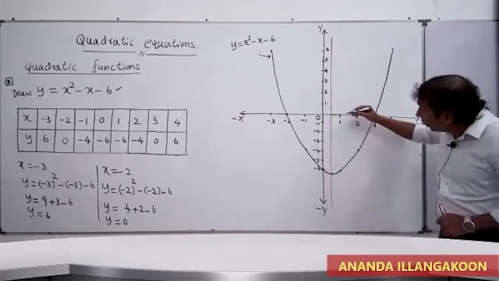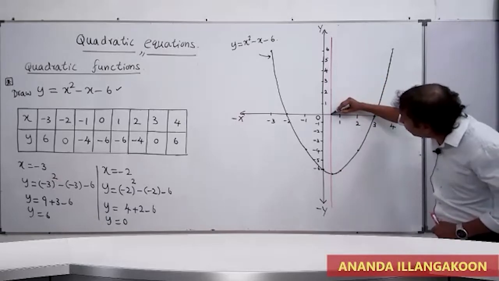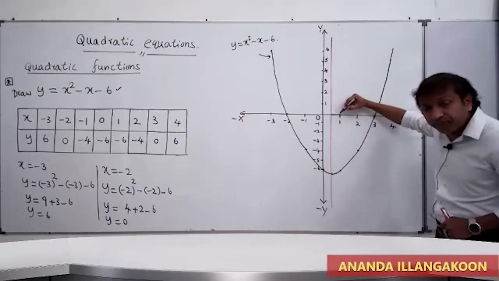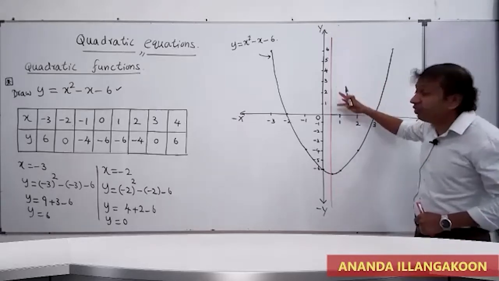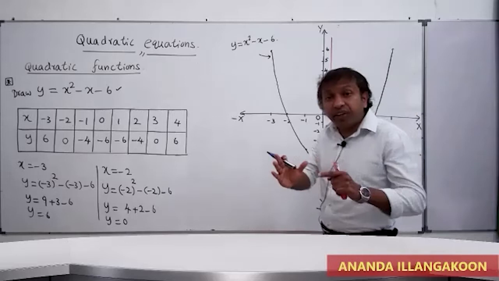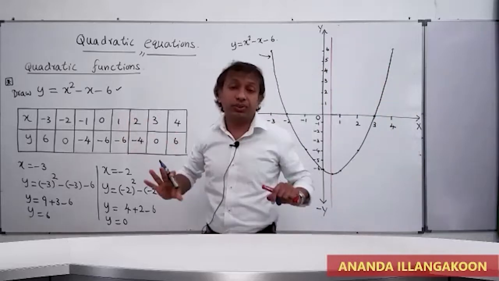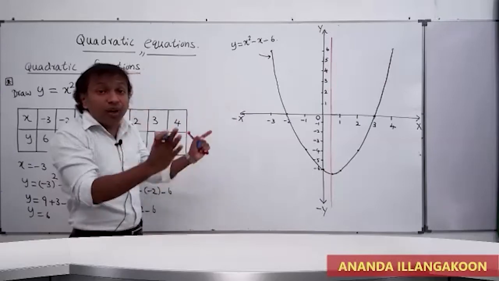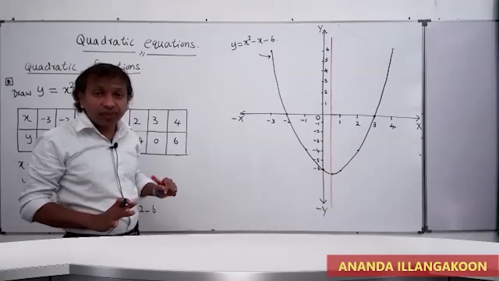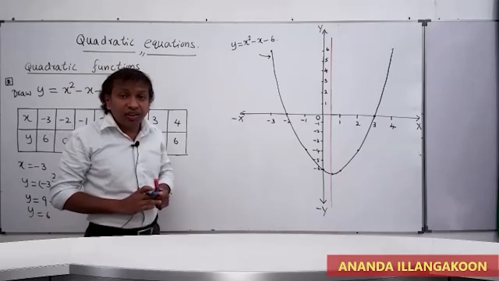This line is passing through the midpoint of 0 and 1. Now you can very easily see this line divides the whole graph into two equal parts. That you can very easily verify.